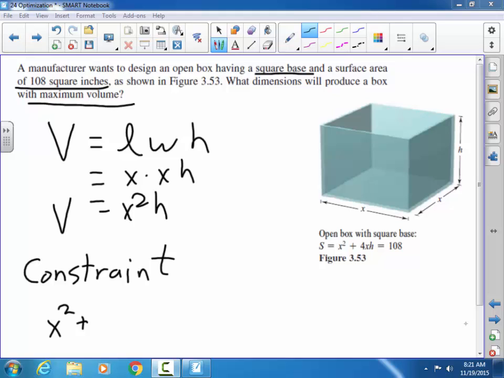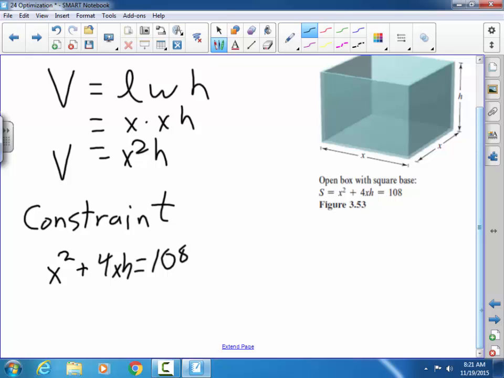Length times width, which is x times h, and all 4 of them have the same surface area. All 4 of the sides do, because the length is x and the height is h both times. So x squared plus 4xh has to equal 108.